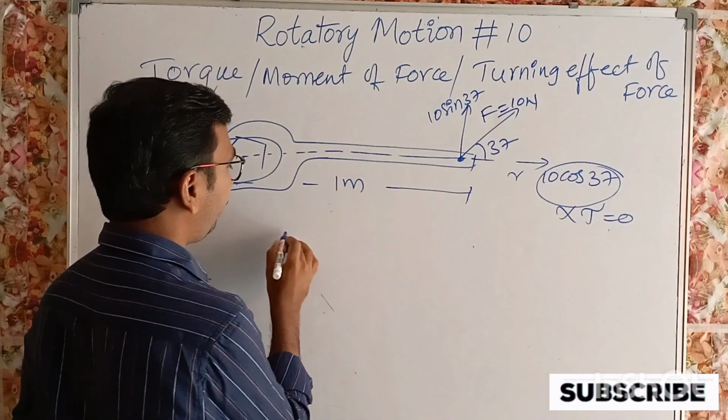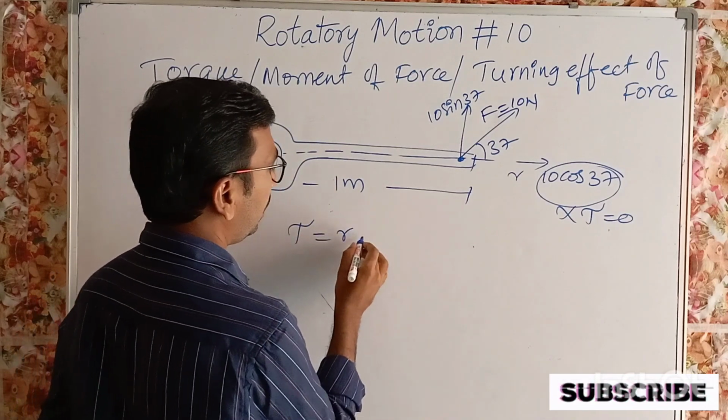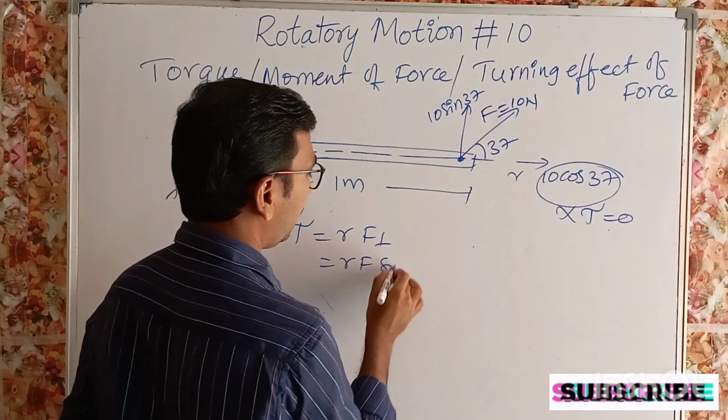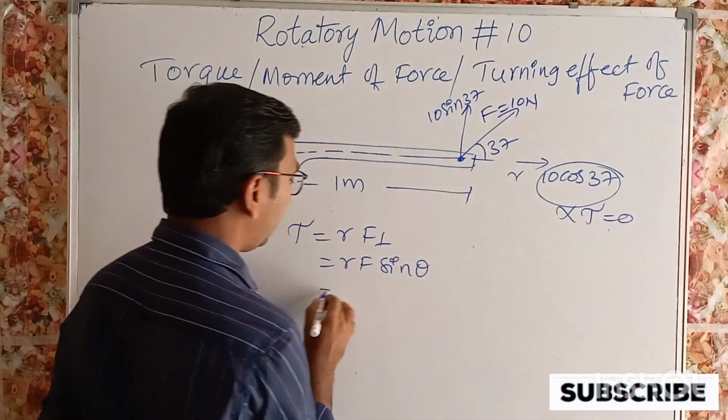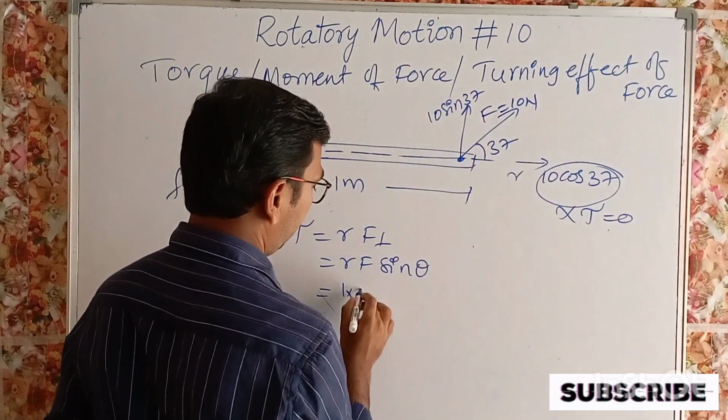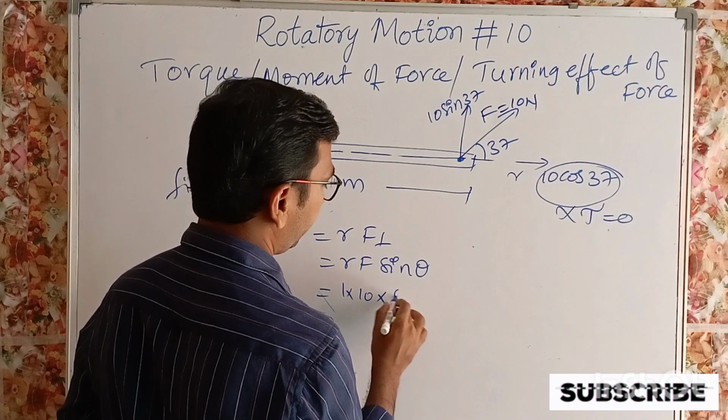So we know the formula: torque is equal to R F perpendicular, so R F sin theta. Here R is equal to 1 meter, and F is 10 into sin 37.